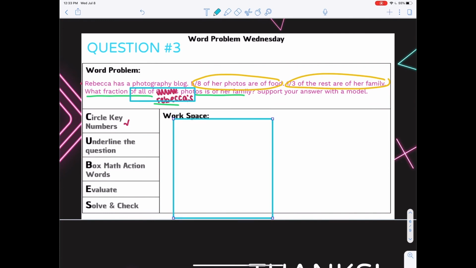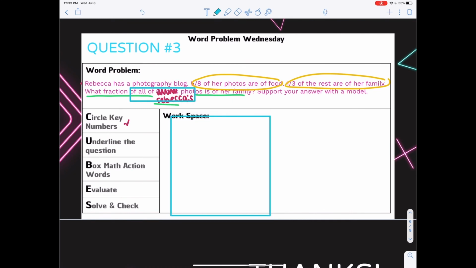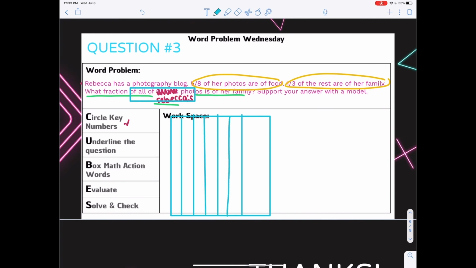So here is the blog. We're going to cut it up into eighths. I'm going to make a vertical line straight in the middle. I'm going to cut up on the side, so now I have four. This is cut up into fourths now. The next thing I'm going to do is make a line in each of those fourths, and that should get me to eighths.